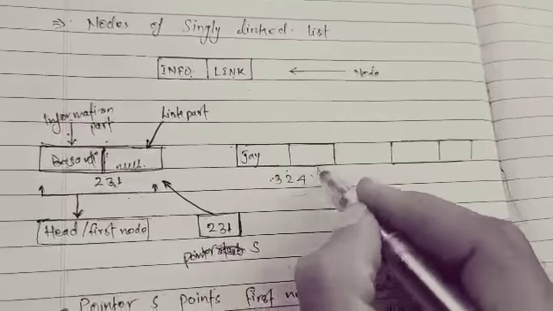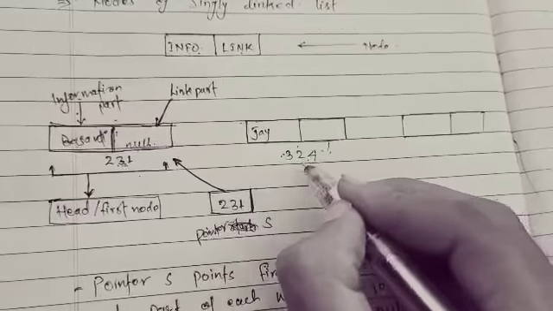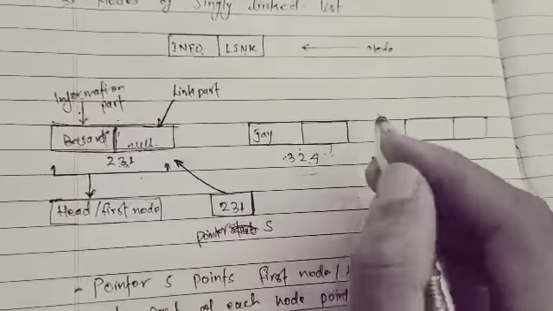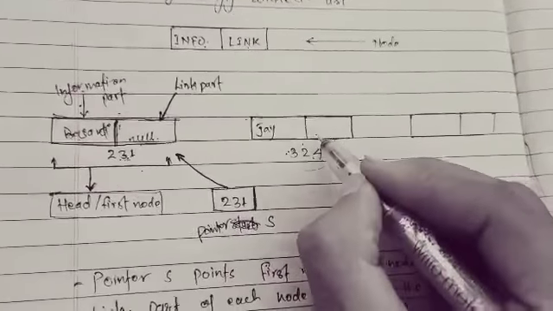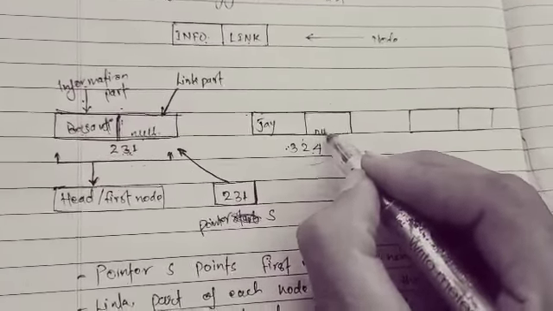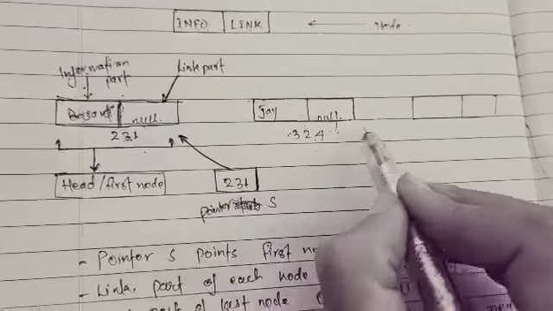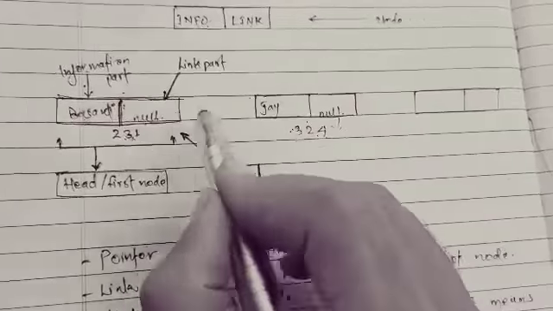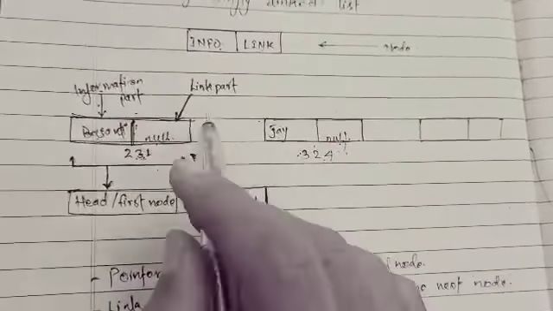It is the address of this node. Here the address of this node is 231, and here the address of this node is 324. And the link part of this node is null, because it is still not connected with another node.